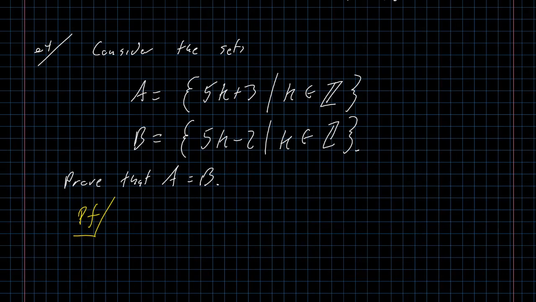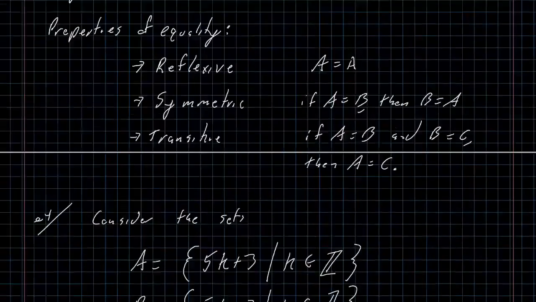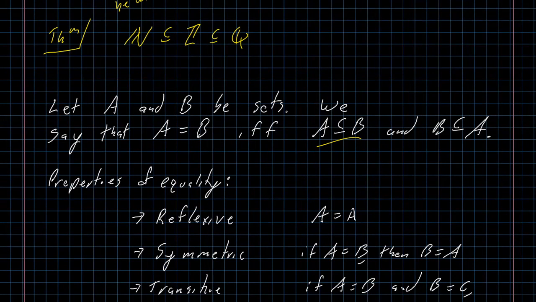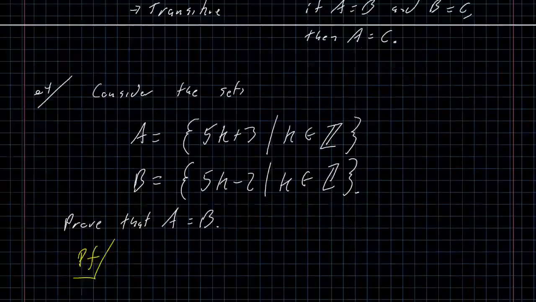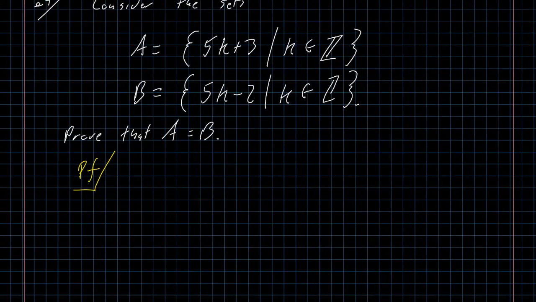All right, the definition of set equality that I put on the previous screen says we need A to be a subset of B, and we need B to be a subset of A. All right, so step one, we want to show that A is a subset of B. What does it mean to be a subset?